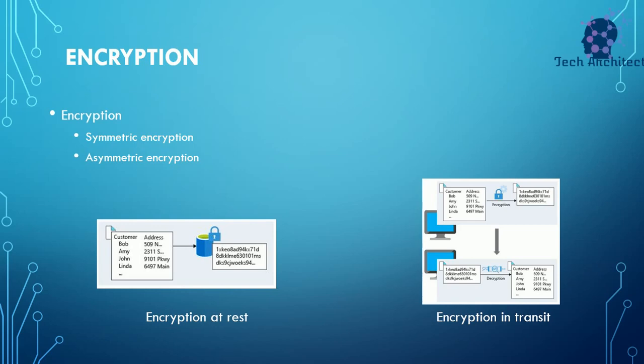To decrypt, you need the paired key. Asymmetric encryption is used for things like Transport Layer Security (TLS), used in HTTPS, and data signing. Encryption, as you can see in the diagram, comes as encryption at rest and encryption in transit.